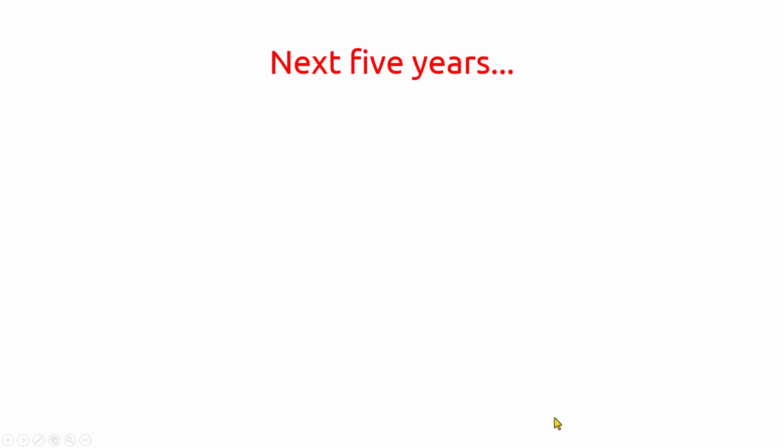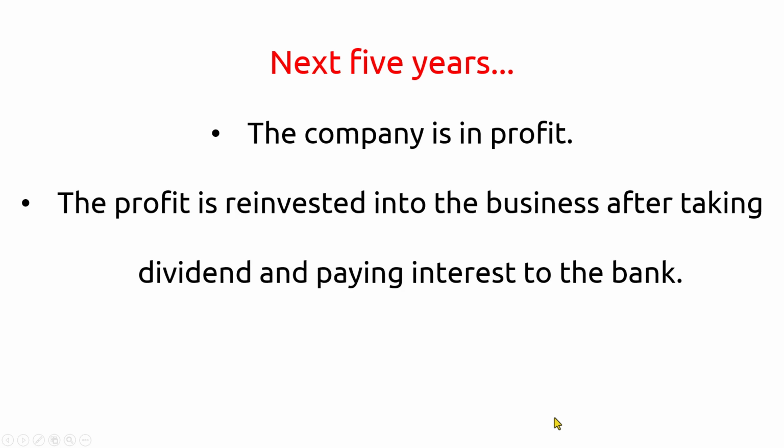And after 5 years, the company is in profit. Now the profit is reinvested into the business after taking dividend and paying interest to the bank. Whatever profit they are getting in their business, they keep some of it to themselves.